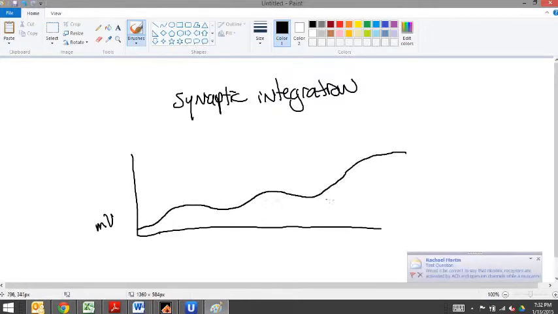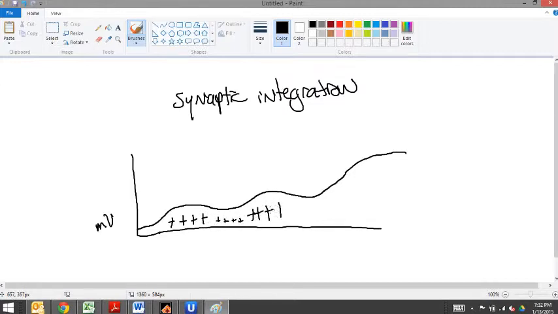And what's happening at each one of these stages is, say you have positive charge here, positive charge here, positive charge here. Then there's fewer positive charges here. Then you have even more positive charges building up here. And here you have a whole ton of positive charges that are causing this very large depolarization.